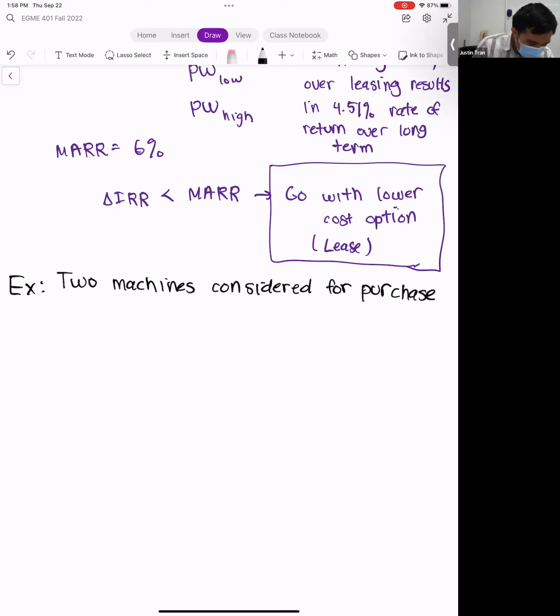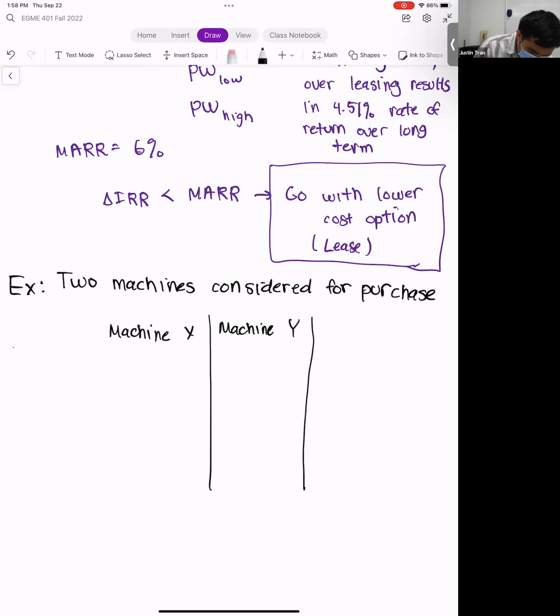And I was not creative with these, so I called them machine X and machine Y. All right. Okay, so I picked this example so this will be an example for a case when you have different useful lives as well.